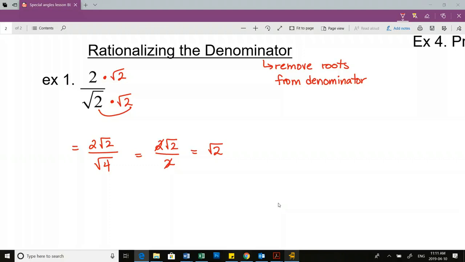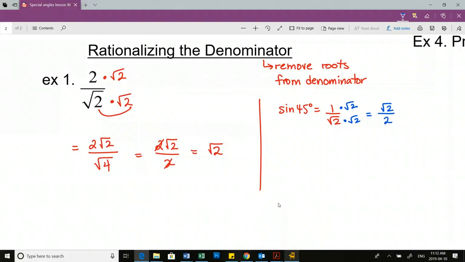So that's also why you guys notice that when we had sine of 45 was equal to 1 over root 2, your calculator rationalizes that denominator for you. And it says, okay, I'm going to multiply the bottom and the top by root 2. And then I'm going to get root 2 over the square root of 4, which we know is 2.